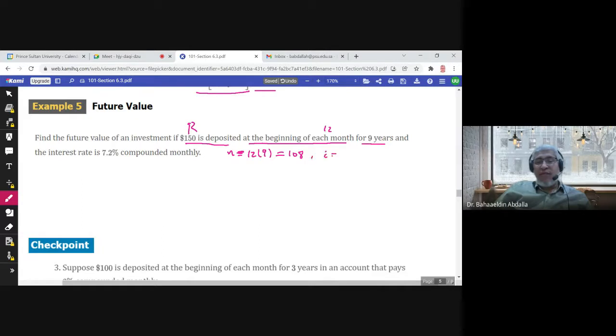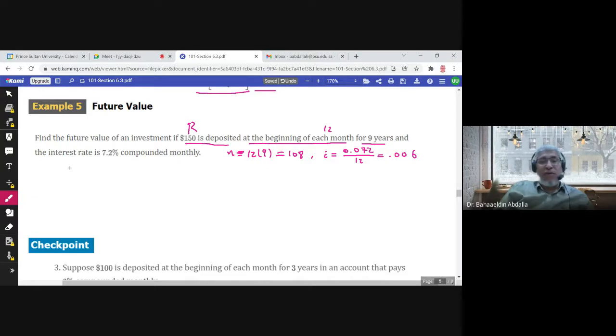So the interest per period is 0.072, moving the decimal two places to the left, divided by 12 because 12 times per year, and this gives you 0.006.